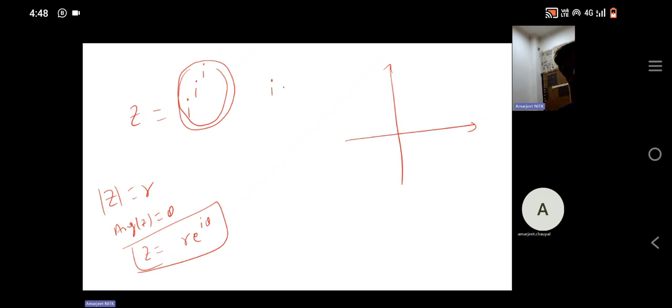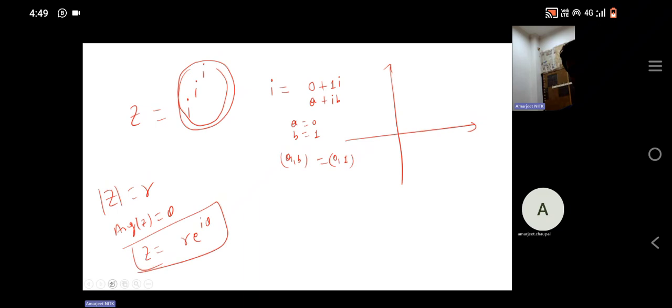You can write iota as 0 plus 1 times iota. If you compare this with a plus ib, what you will get? a equals 0, b equals 1. So a comma b means 0 comma 1.